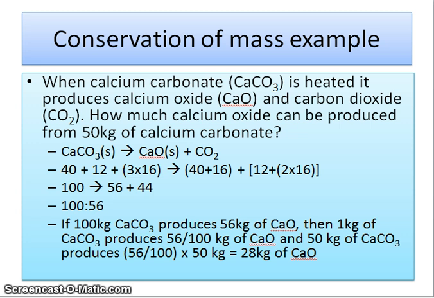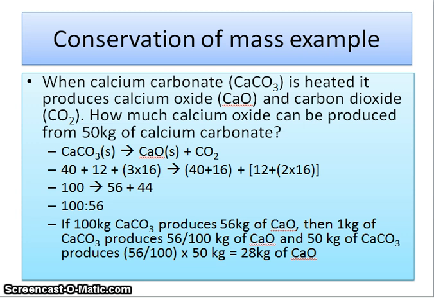This is saying that 100 went in and 100 came out, but that's not what the question is asking. The question asks how much calcium oxide can be produced from 50 kilograms of calcium carbonate. So you've now got your ratio: 100 went in and 56 of the calcium oxide came out.